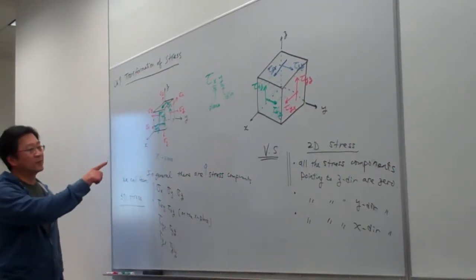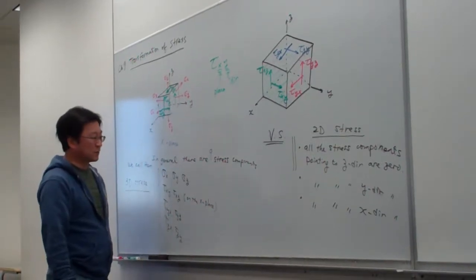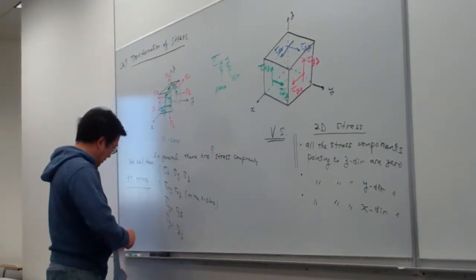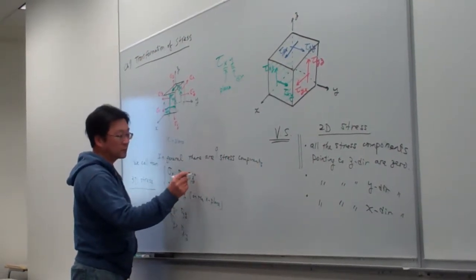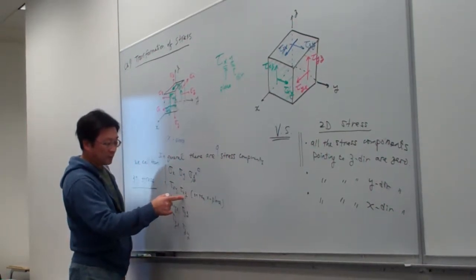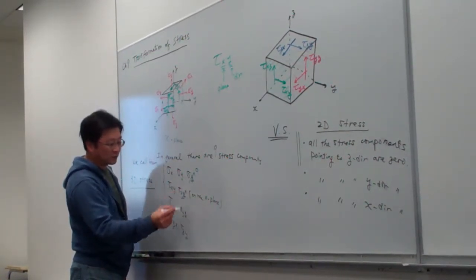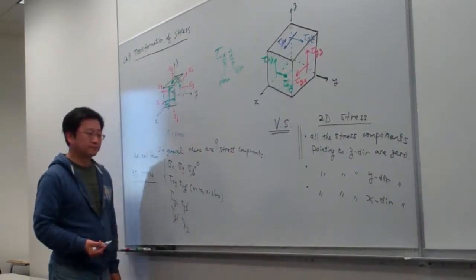In this diagram, all the stress components pointing to Z will be equal to 0. So this will be equal to 0, again for two-dimensional stress components, and this will be equal to 0, and this will be equal to 0.